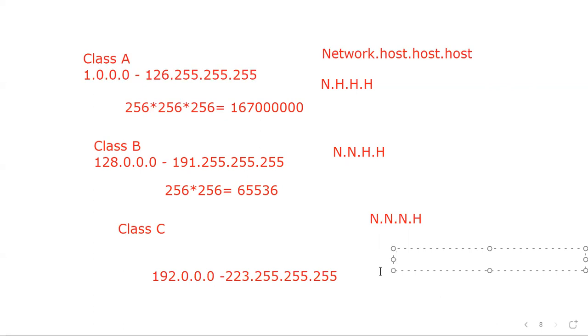So we can assign 256 IPs through class C.